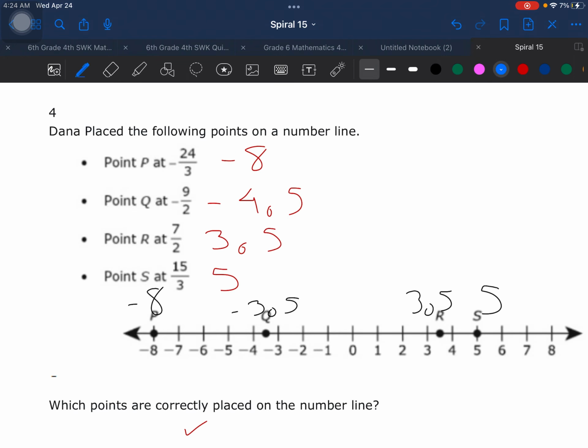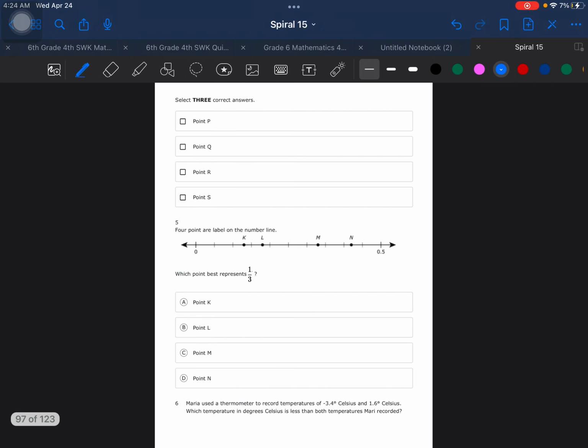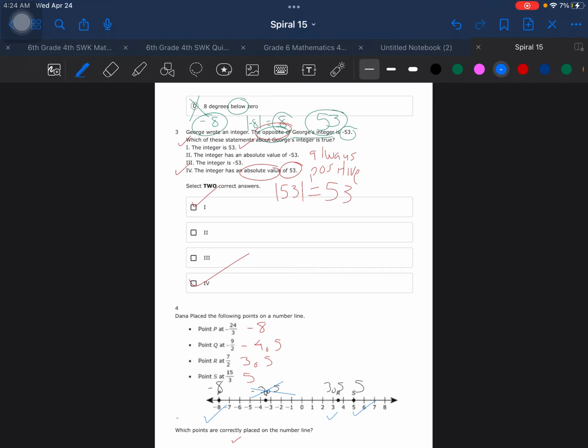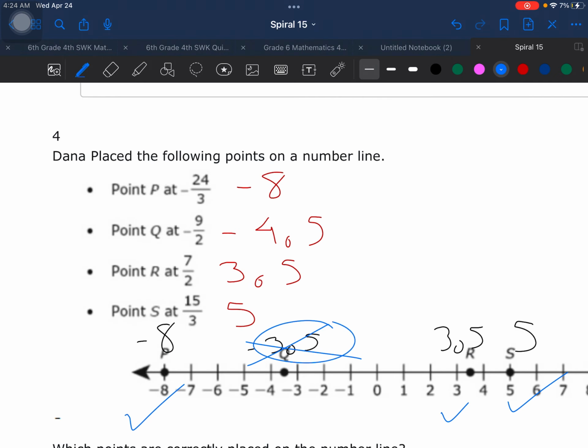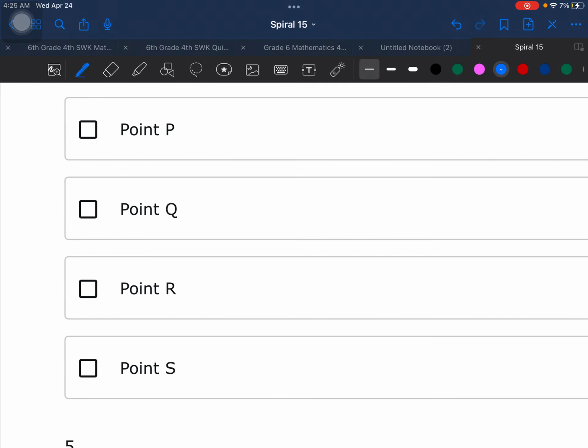So which ones are present? -8, not -3.5, 3.5, and 5. Awesome. So it's everything except this one. So -8, point P, R, and S. So P, R, S. There you go.